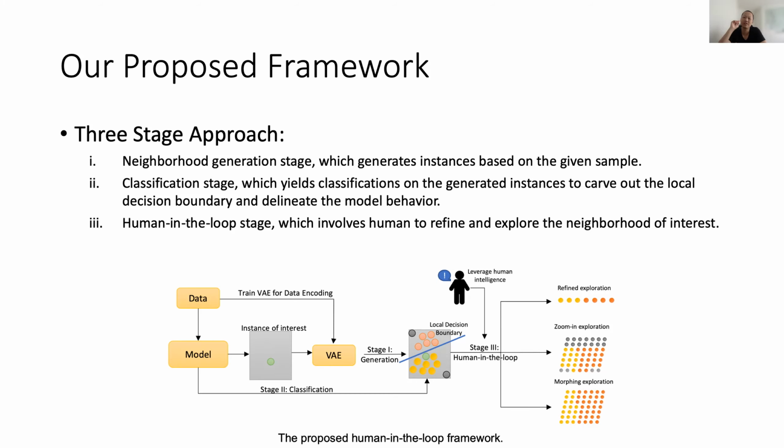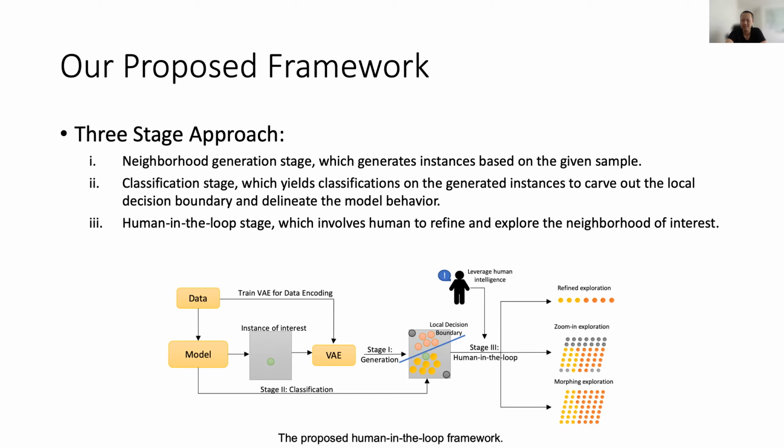Given a trained machine learning model or deep learning model, especially a deep neural network, and a mispredicted point of interest, we intend to generate a neighborhood that can enable a better human understanding of the model. The generated neighborhood needs to satisfy three critical criteria.